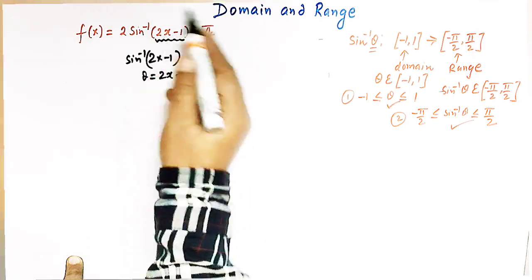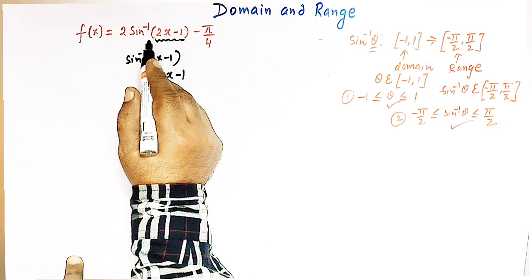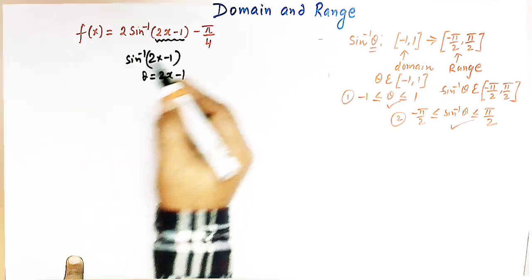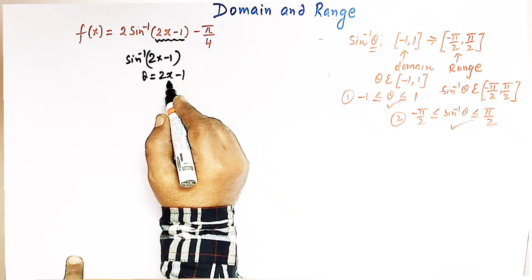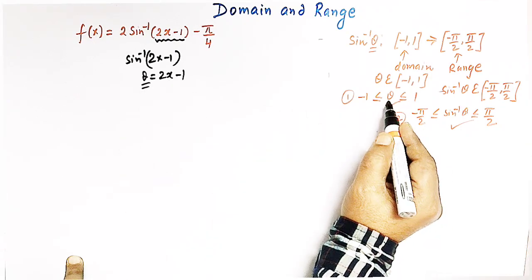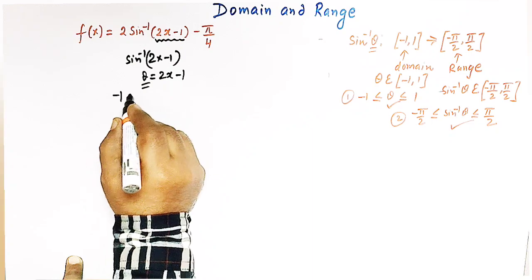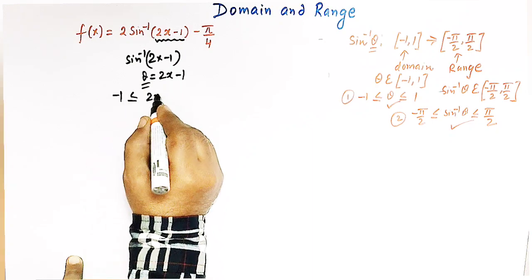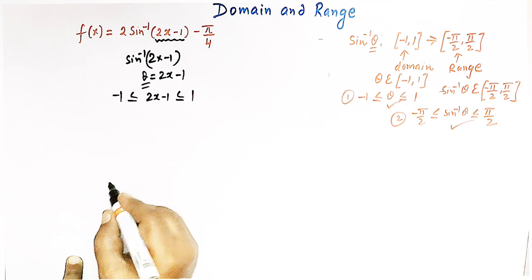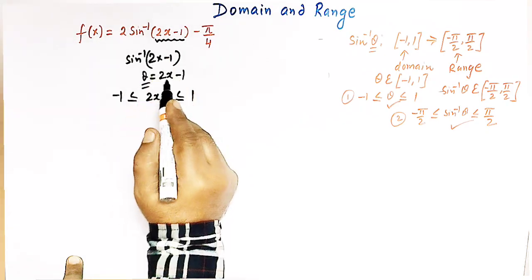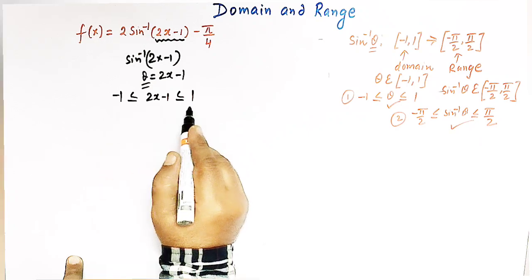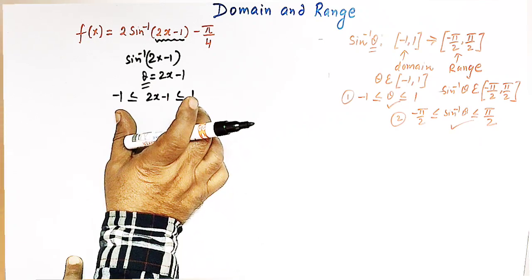And to get the domain of this function, we need to find all the valid values of x, right? So let us substitute this theta in this inequality. So we have minus 1, and we have 2x minus 1, and here we have 1, right? So to get all the valid values of x, we need to solve this inequality, right?